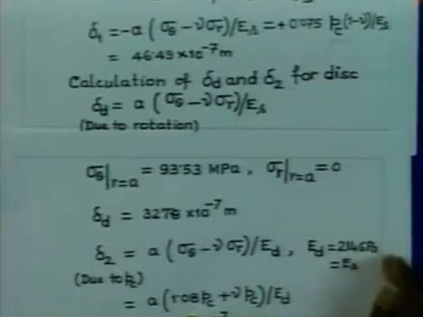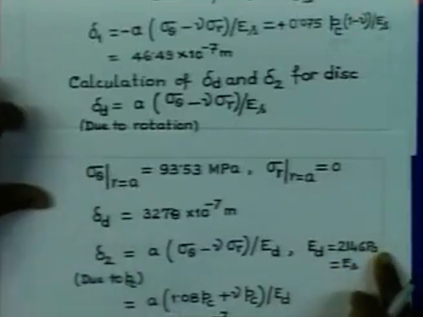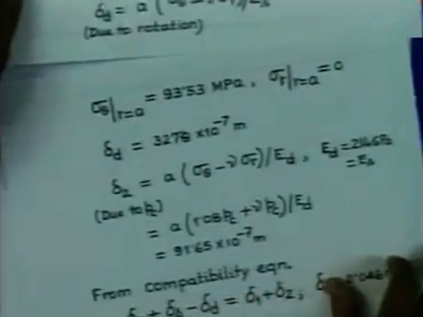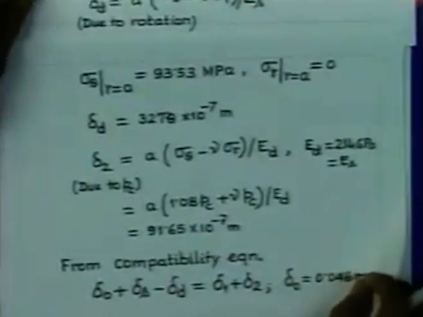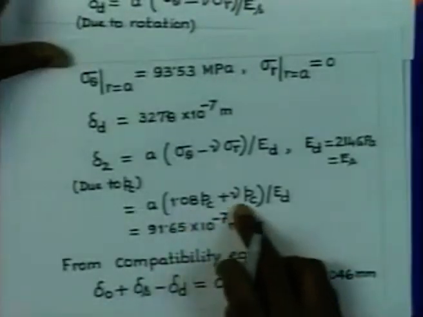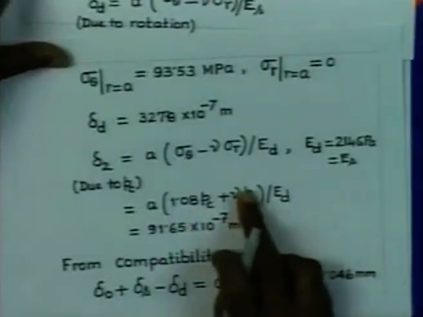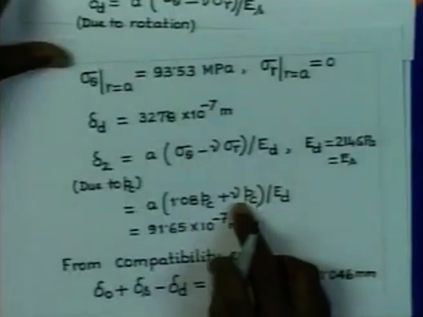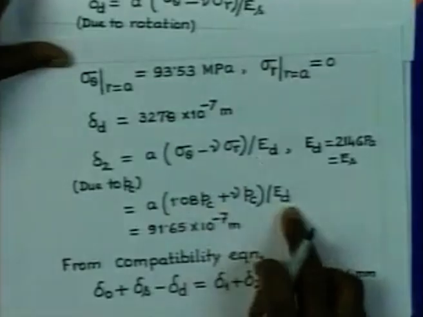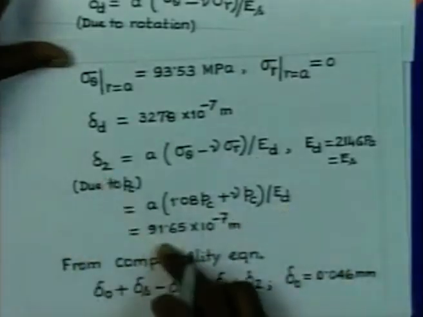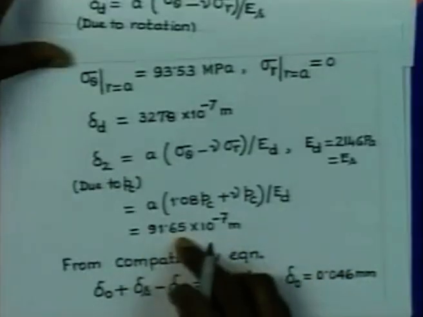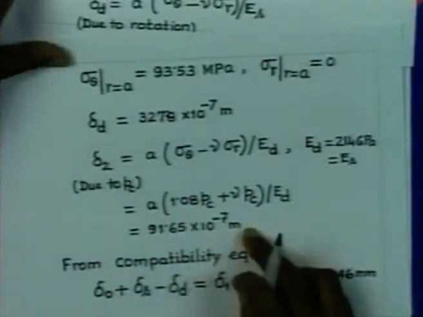So, that is equal to 214 GPa, and now we have already seen that the hoop stress due to the pressure is equal to 1.08 Pc earlier, and radial stress is equal to minus Pc. So, therefore, we have substitution giving us like this, and this delta 2 on substitution of all the values comes out to be 91.65 into 10 to the minus 7 meter.